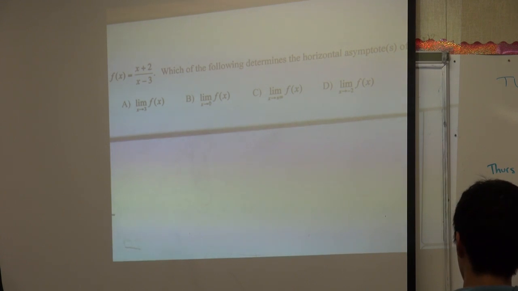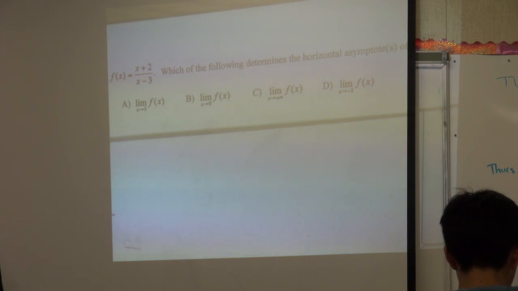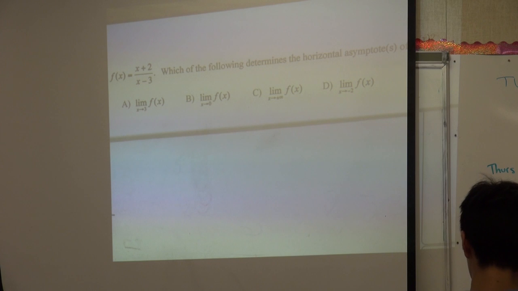And then they were looking at the limits, and they expected to see the limit as x approaches 1. No, 1 is the answer to the limit. Horizontal asymptotes are the end behavior. So what kind of limit do you do for end behavior? Infinity. What's the only answer choice that has infinity? C. That's the answer. It's C.